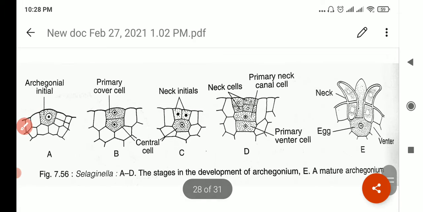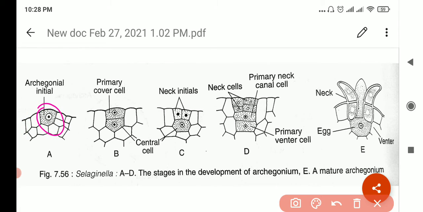Let's see if it's there in the diagram. See, the archegonial initial cell at the tip of the megagametophyte. Then it divides this way periclinally to form primary cover cell and central cell. Then that primary cover cell will divide to get neck initials.